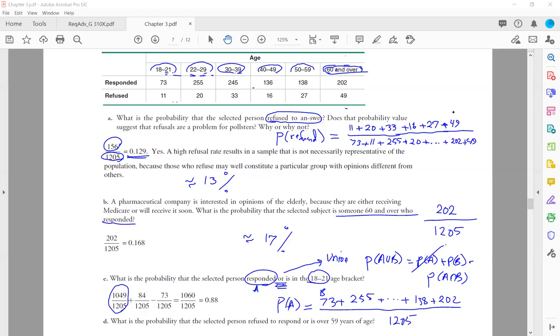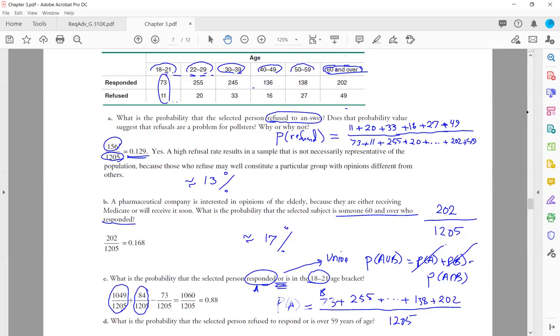So how many people are in age bracket 18 to 21? We don't care if that person responded or refused to respond. The total is 84. 84 out of the total number of people in your survey. So we're done with P of B.